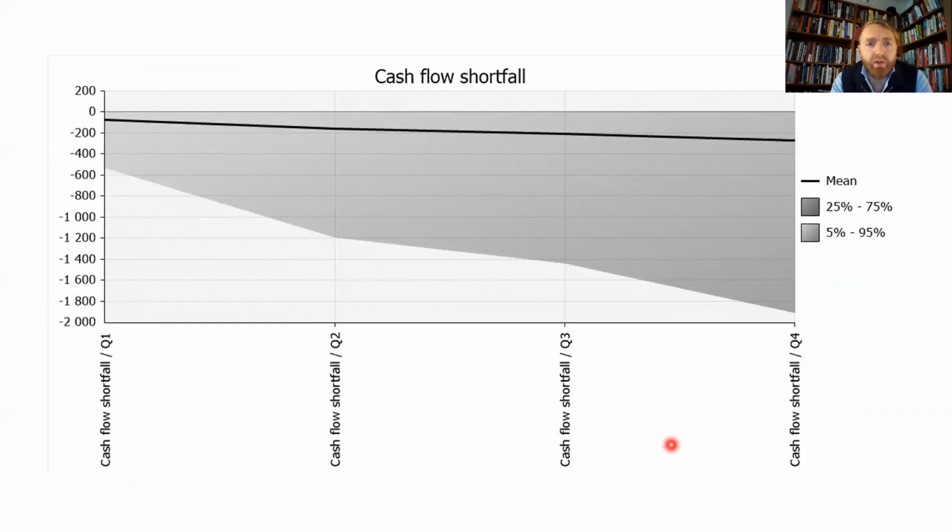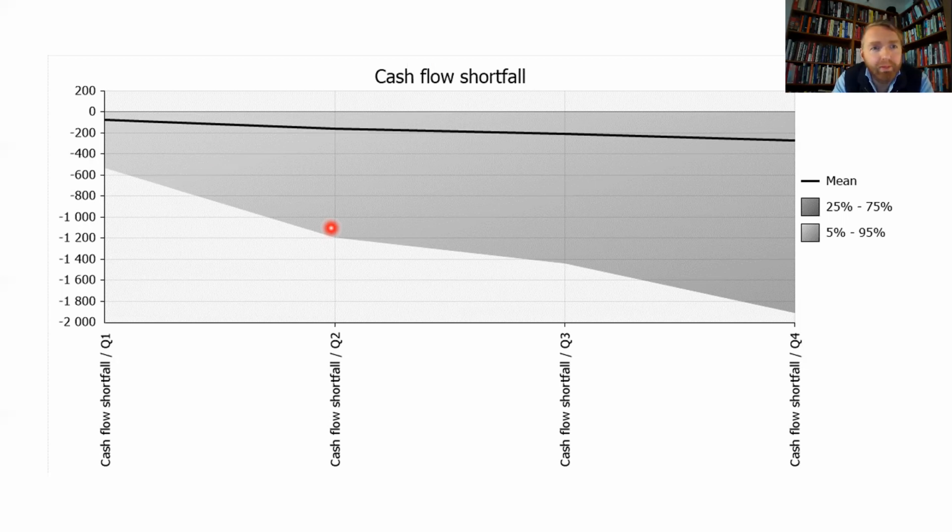In this case, this all goes back to the oil price being simulated and deriving conditional estimates of revenue. That travels through the financial statements here, and in a certain number of scenarios, that shows up as a cash flow shortfall.